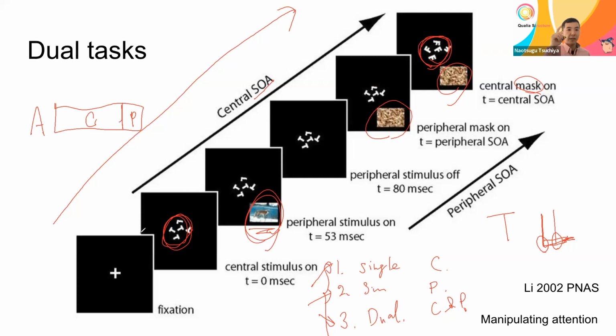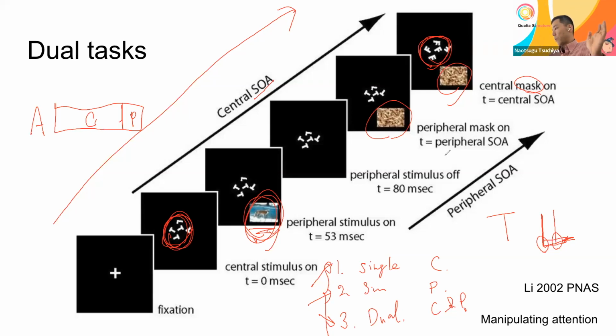This kind of model suggests that the more you pay attention to the center, the less you can perform on the periphery, right? But if these two things do not consume the same kind of attentional resource, then they can be performed at the same time. So that's the overall logic.